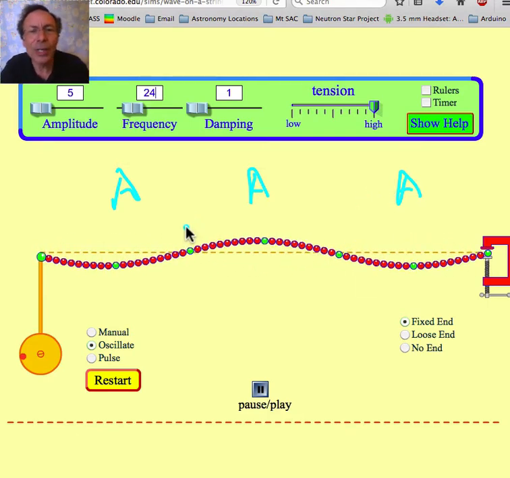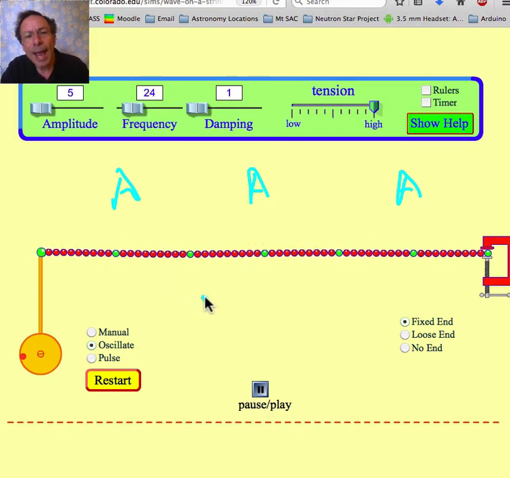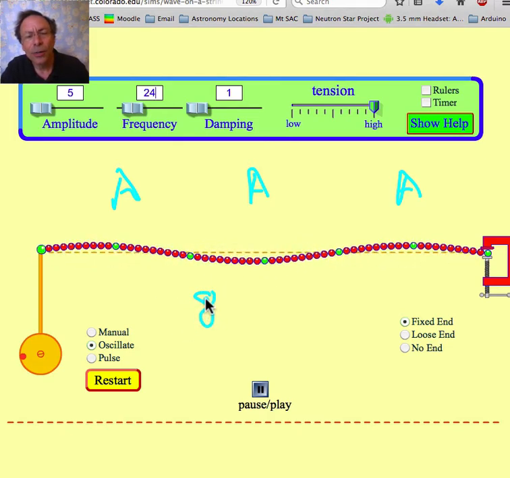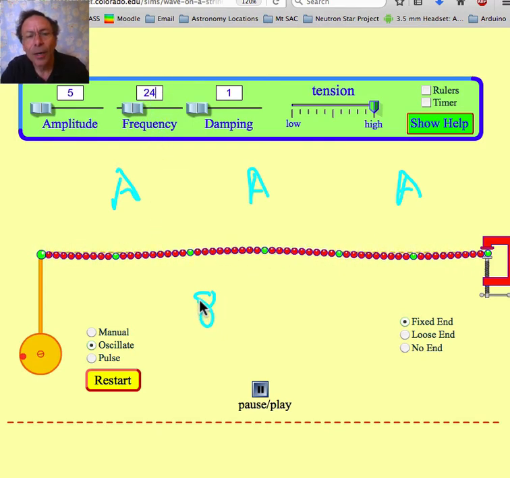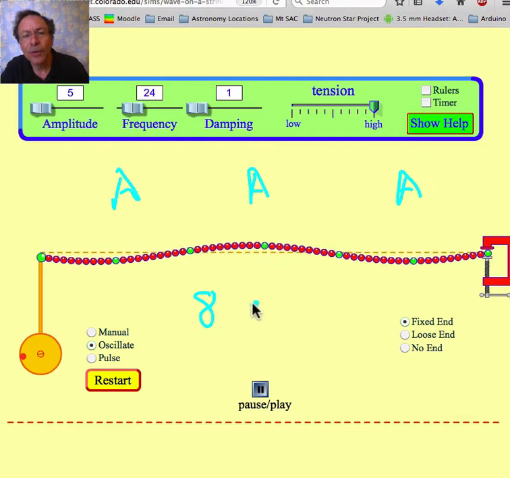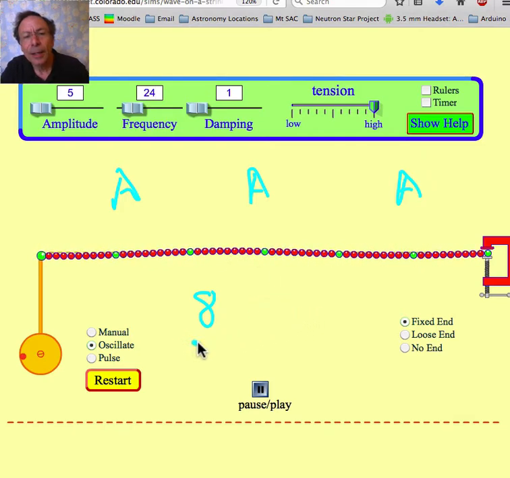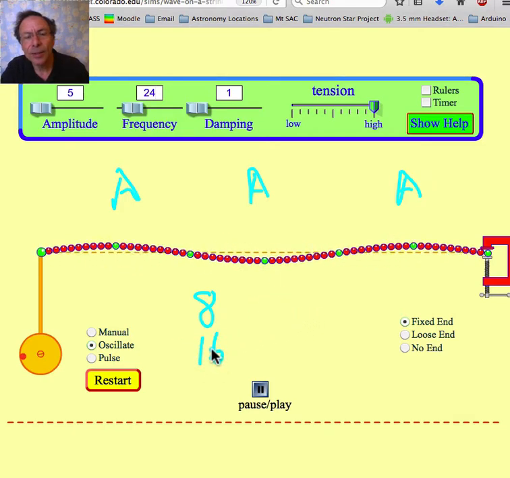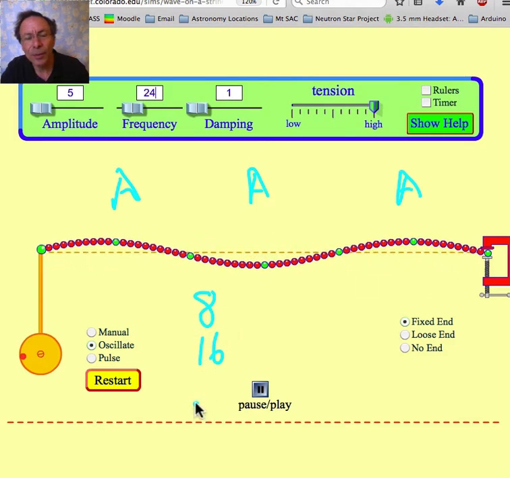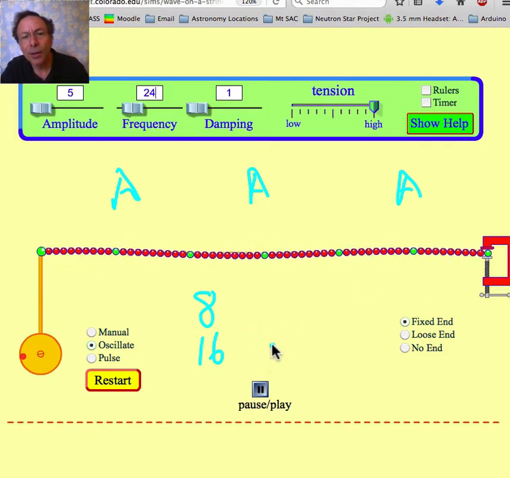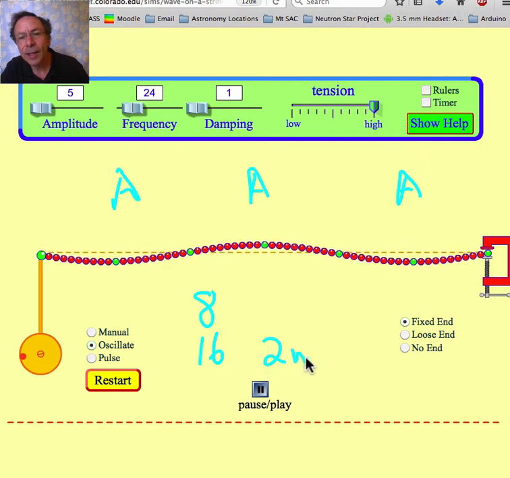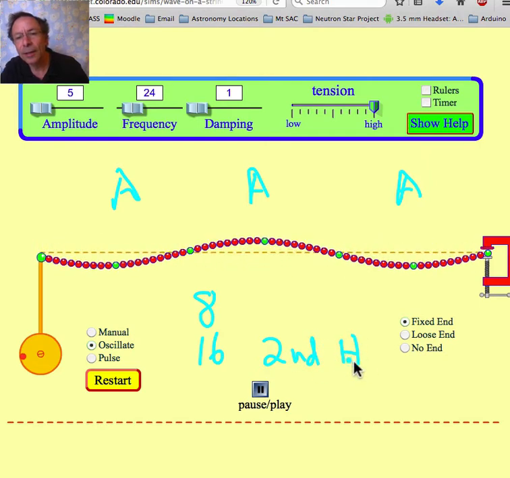So I'm sure you're seeing a pattern by now. The 8 hertz, or 8 whatever these units are, they're not really hertz, is called the fundamental frequency. The 16 hertz is twice the fundamental frequency. It's called the second harmonic.